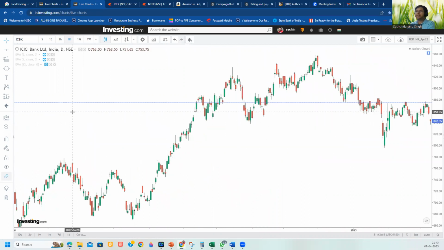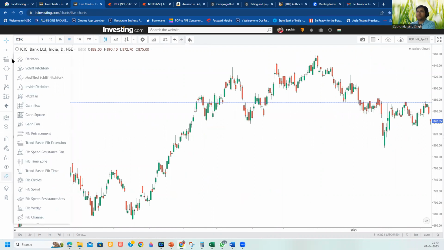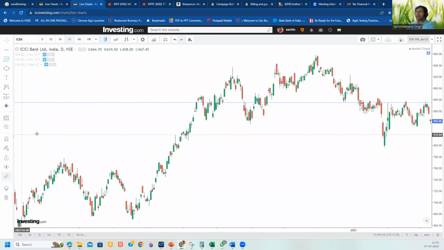To find that retracement tool, look at the third option from the top. Within the toolbar option, you will find the fib retracement. Here is the fib retracement tool. This one you need to select. Once you select it, the tool is selected.